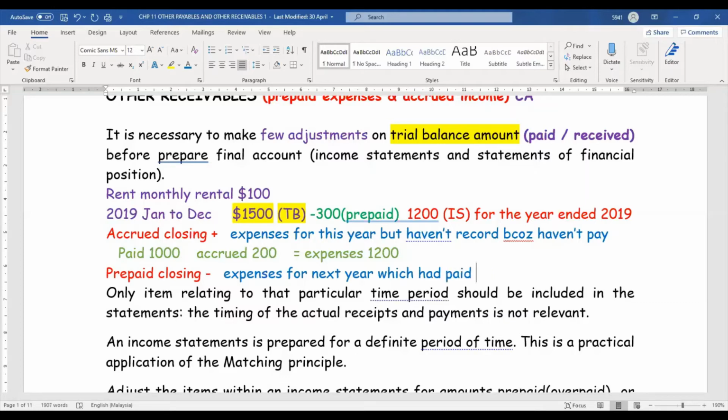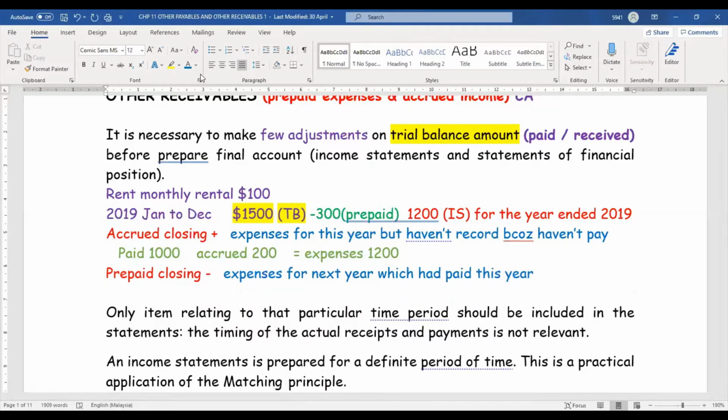We use a simple one now: expenses for next year which we already paid this year. So this particular prepaid closing is not for this year's expenses.